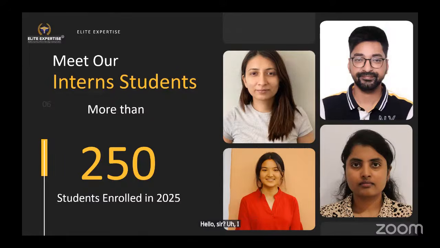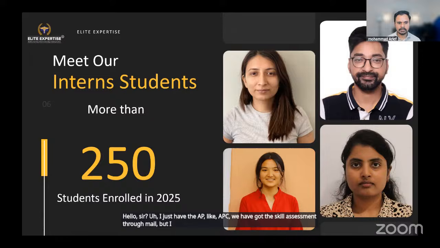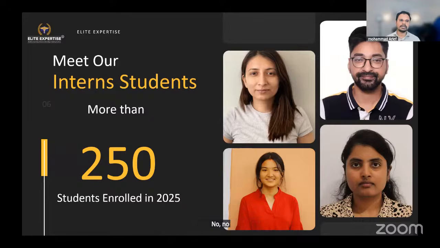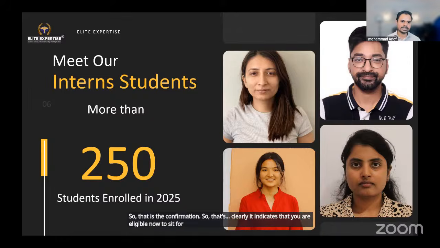I have the APC skill assessment through mail, but I didn't get any letter from them. Should I apply for the outcome letter? No, not a letter. Once you have got the positive skills assessment through email, that is confirmation. It clearly indicates that you are eligible to sit for the OPRA examination.